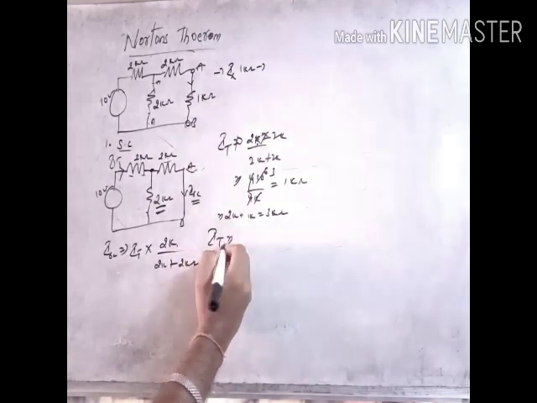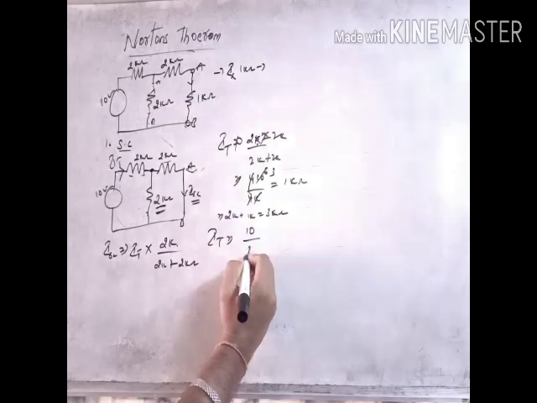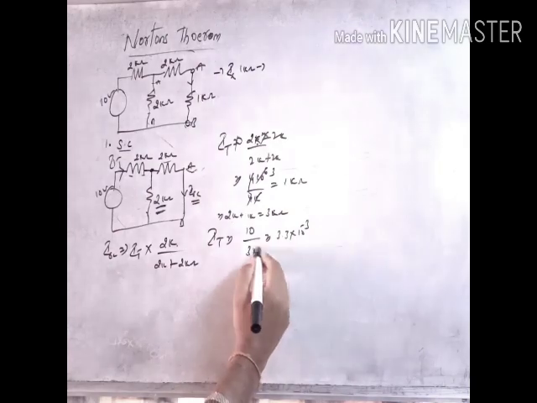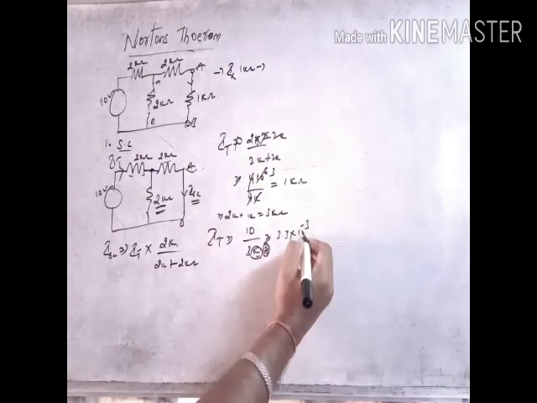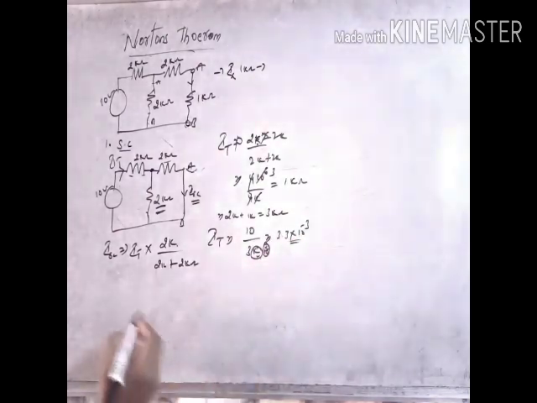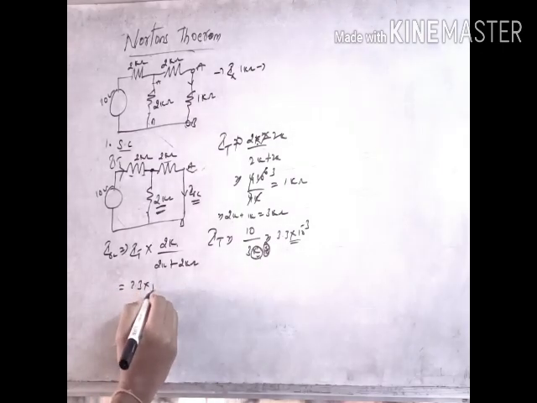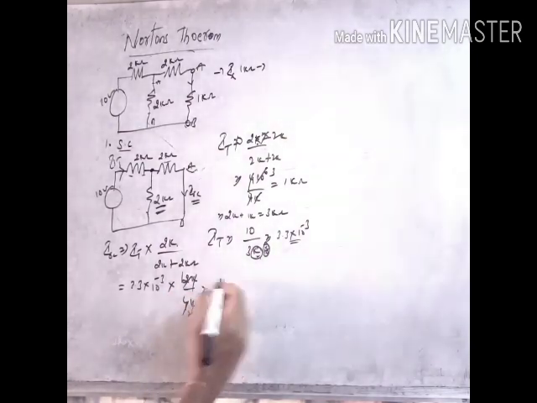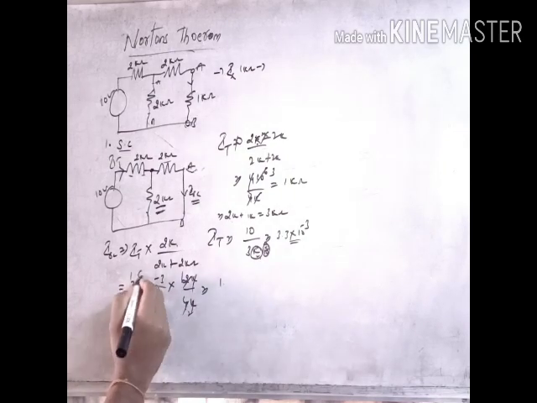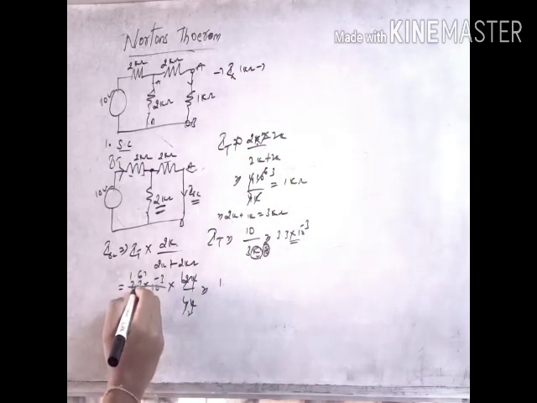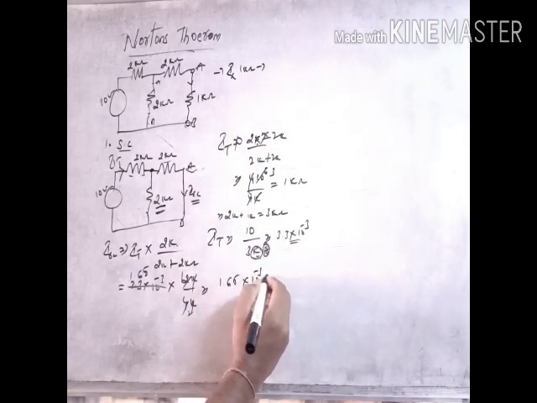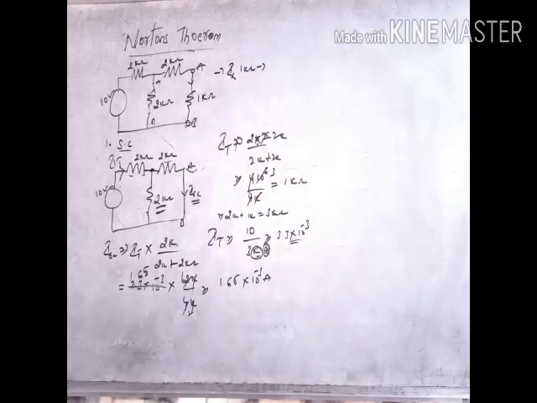I total equals V by R, 10 by 3k, that is 3.3 into 10 to the power of minus 3 ampere. Now 3.3 into 10 to the power of minus 3 into 2k by 4k, that is 1 by 2, gives 1.65 into 10 to the power of minus 3 ampere. This is the short circuit current.